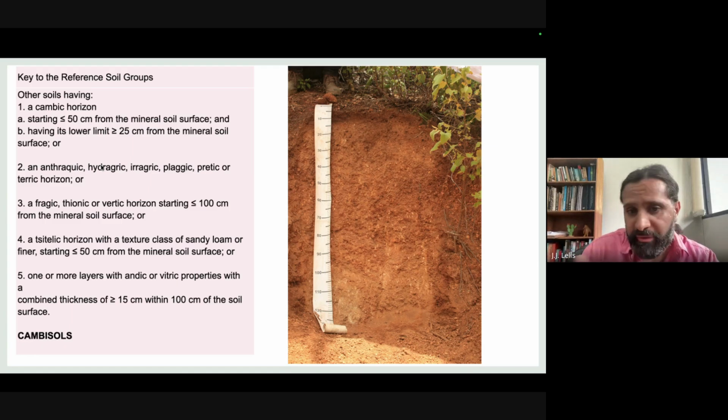Okay, so these are the cambisols, quite similar to the inceptisols in Soil Taxonomy. Those soils that do not have a preference during the soil classification. I should just consider them at the end, as one of the last options during the soil classification.